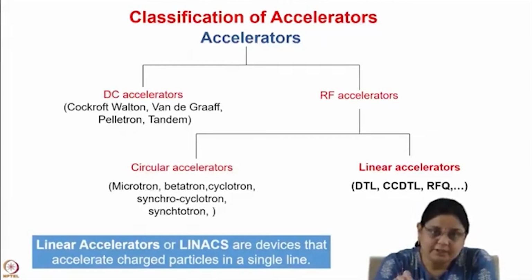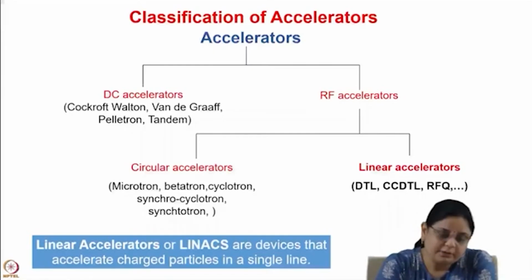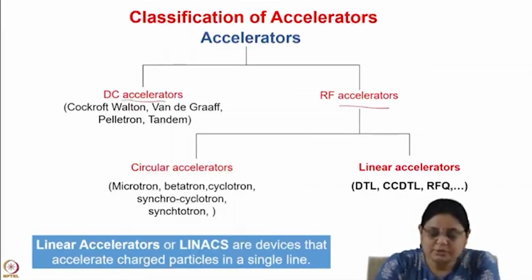You must have already studied the classification of accelerators. Let me just list it down here again for completeness. Accelerators are classified based on the way the charged particles are accelerated. DC accelerators use DC fields for acceleration. RF accelerators use RF fields, or time varying fields, for acceleration.